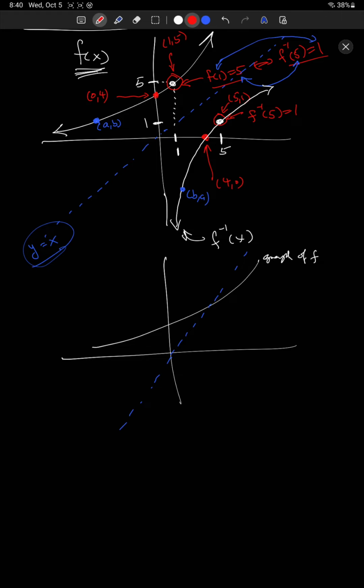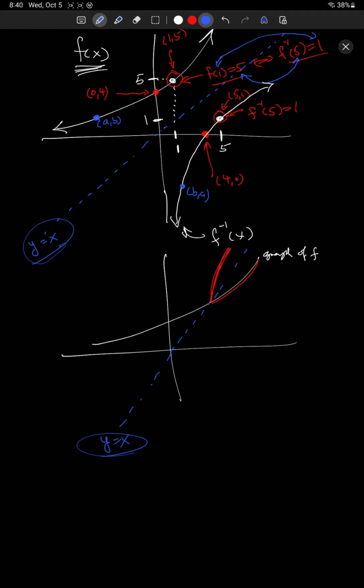But when I flip it, what happens is the stuff on the right of y equals x flips to the left, the stuff on the left flips to the right. So this bit right there flips to here, all right? And it should be like a mirror. And then that bit right there flips to here.